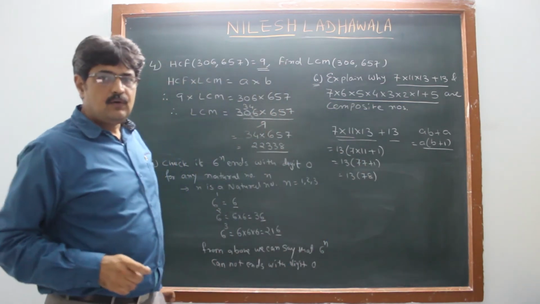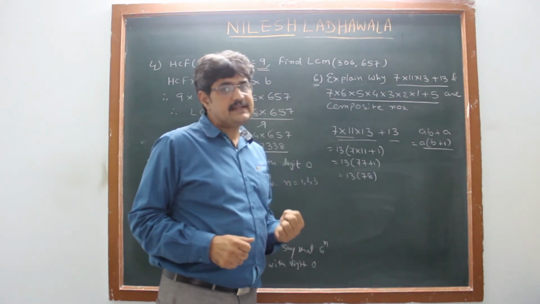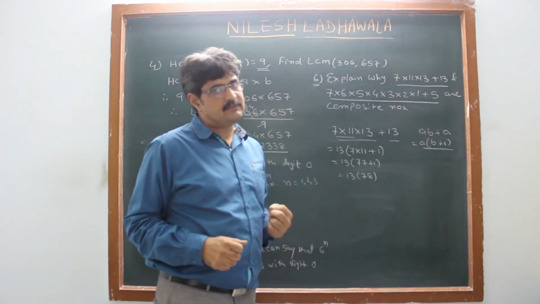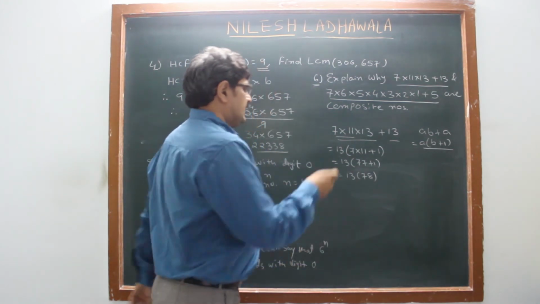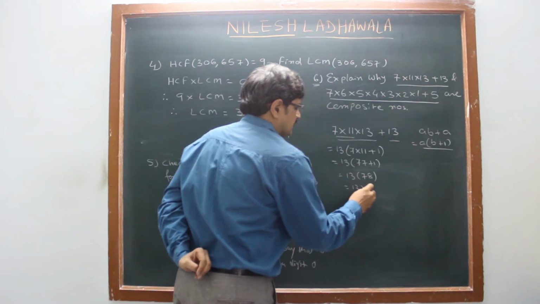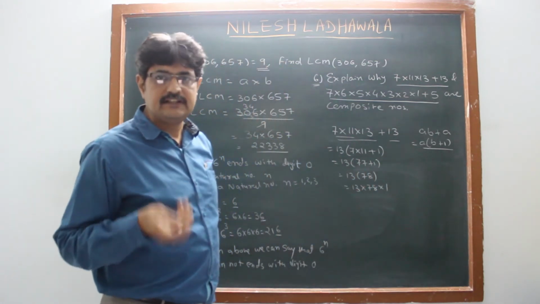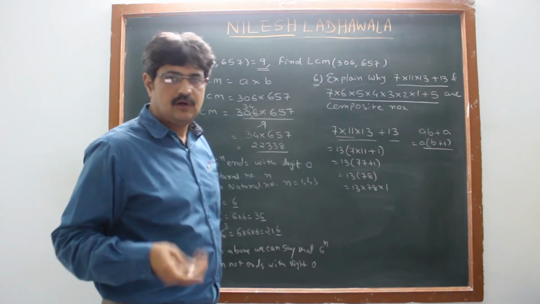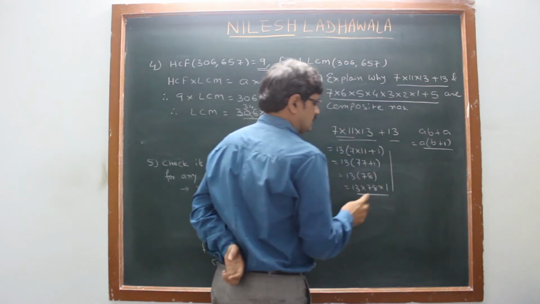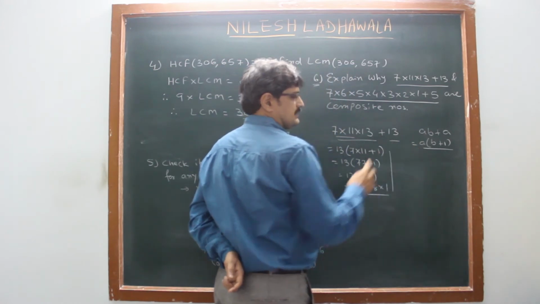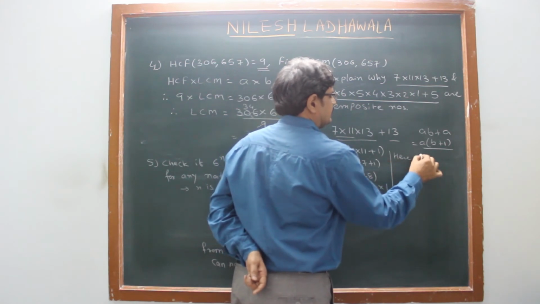Okay. Now, we can say that it's a composite number because we have said that composite number is the number which has more than 2 factors. Here I can write 13 into 78 into 1, as I have told you that 1 is factor of all. So here we have more than 2 factors, and hence I can say that it is a composite number. So I will write it here.